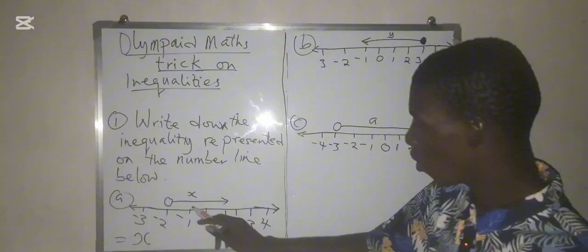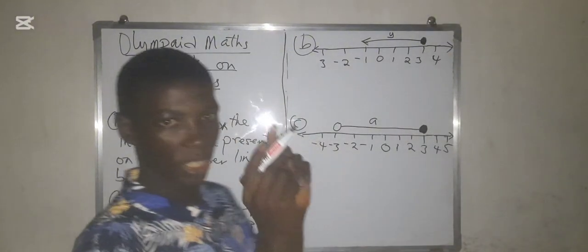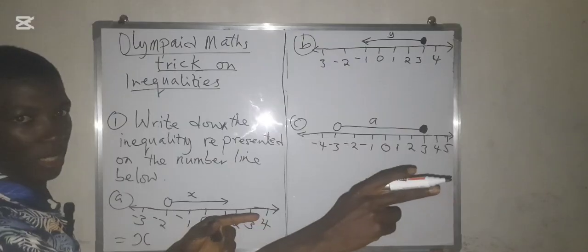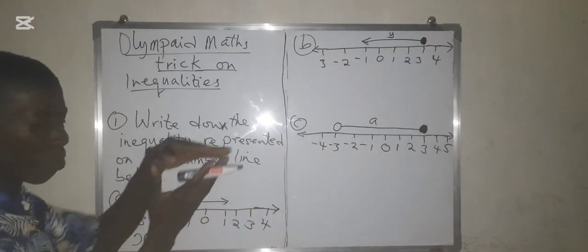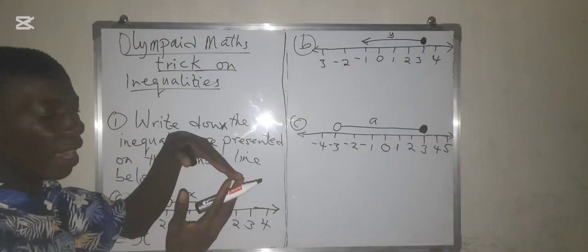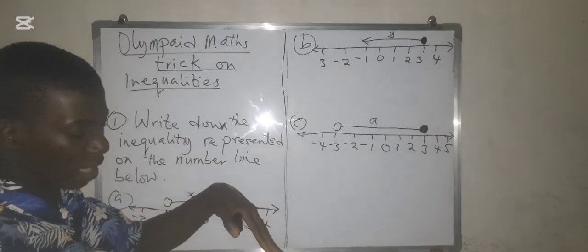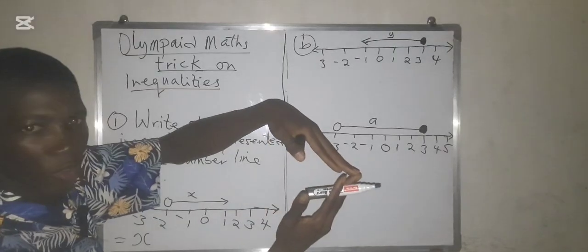Also, if you check the arrow very well, the arrow is pointing this side. So when you see an arrow pointing this side, obviously the inequality symbol is always in this format.